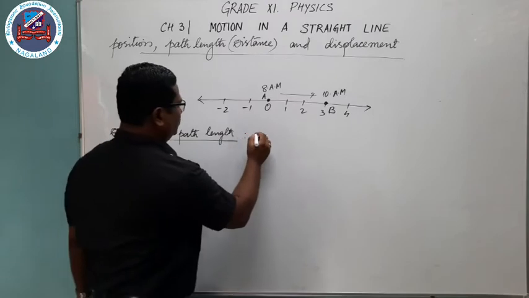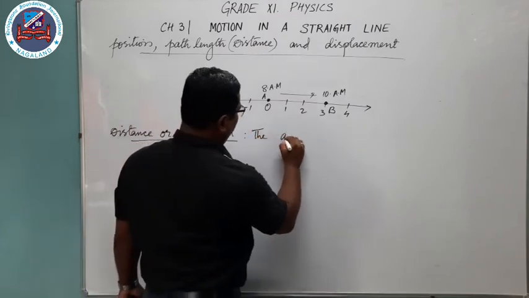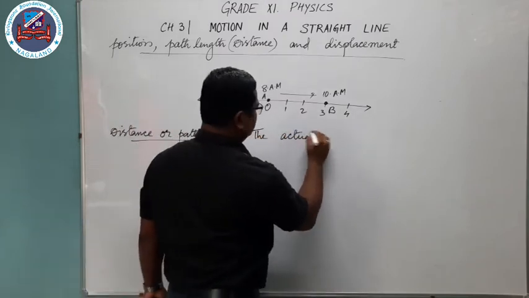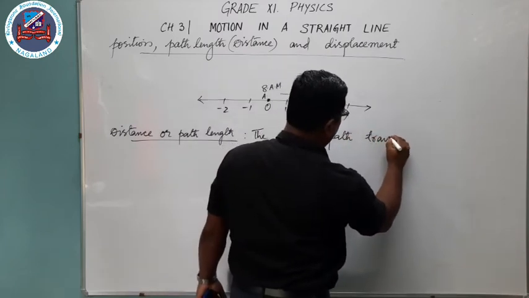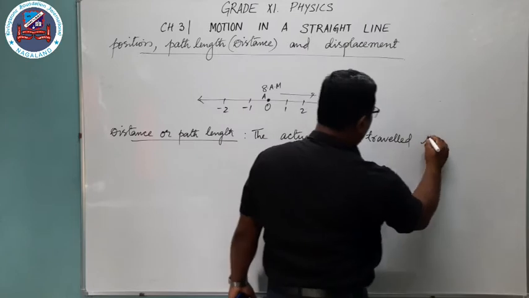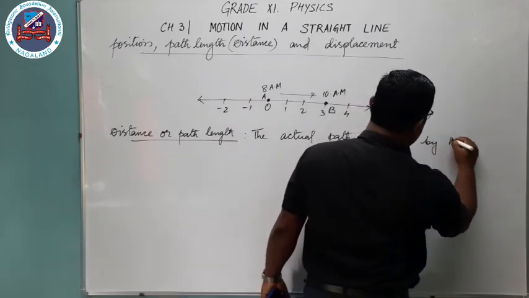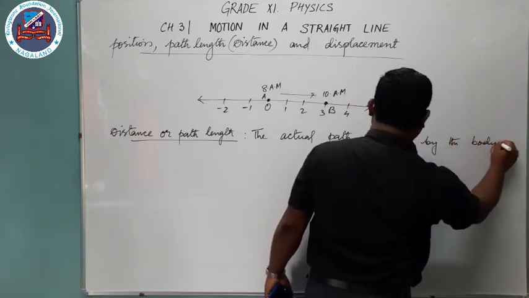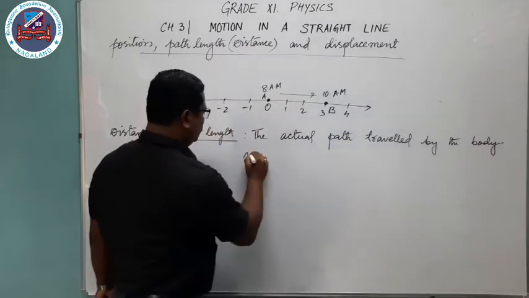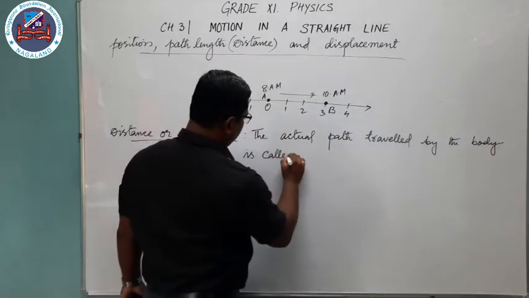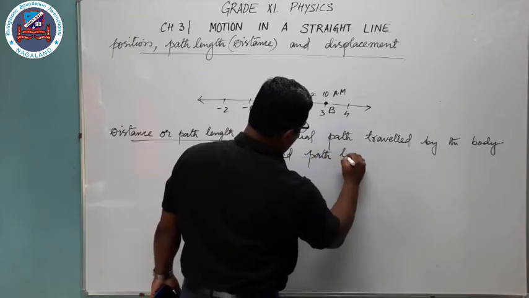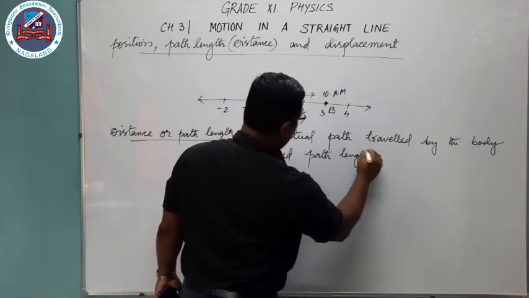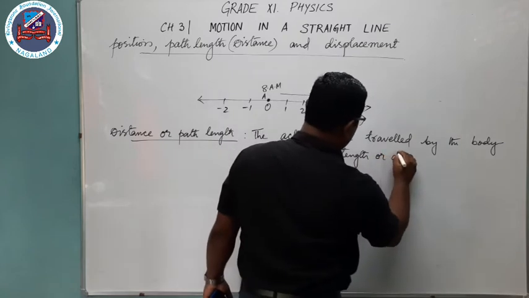The exact path, or the actual path traveled by the body is called path length, or in other words we call it distance.